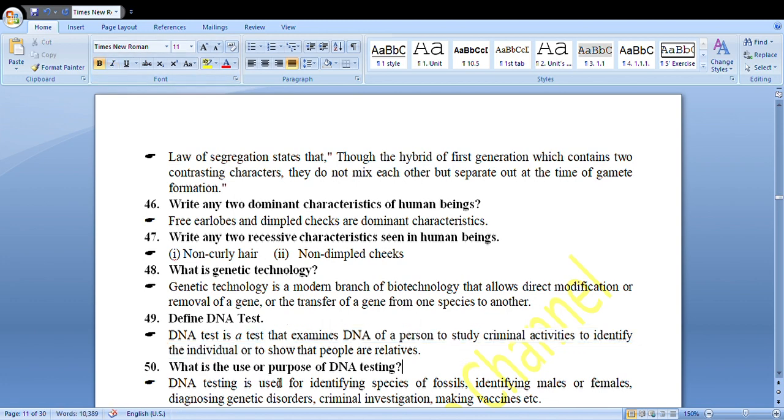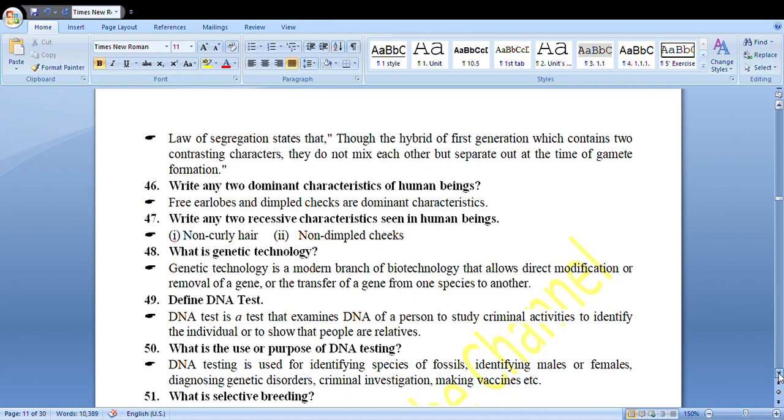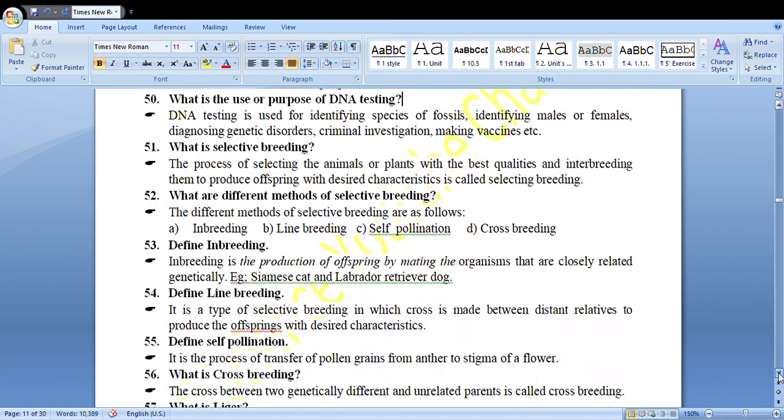What is the use and purpose of DNA testing? Actually, DNA testing is used to identify the species of fossils, identify male or females, diagnose genetic disorder, criminal investigation, and making vaccine, etc.